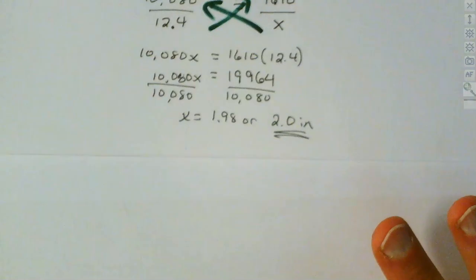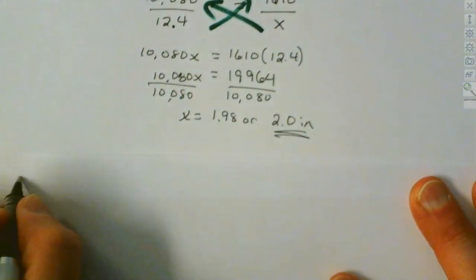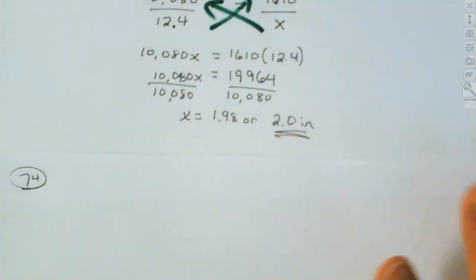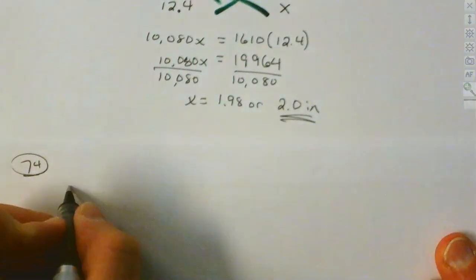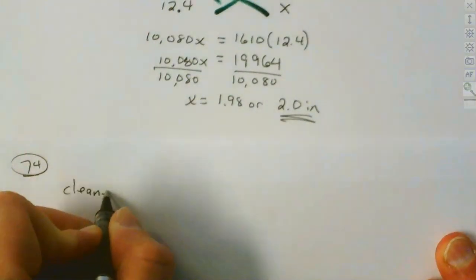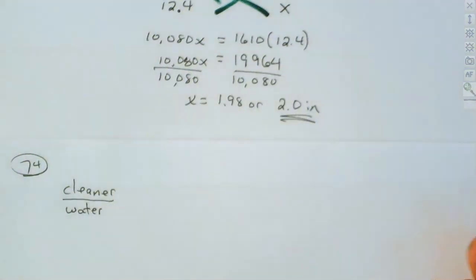And what are we doing with this cleaner? Okay, we're going to be diluting it with water. So I'm going to set up my ratio as cleaner over water. Okay, that's the two things we're looking at. Cleaner over the water.